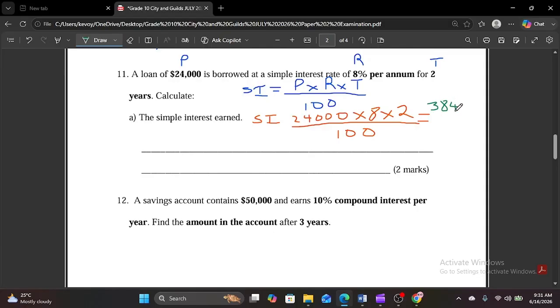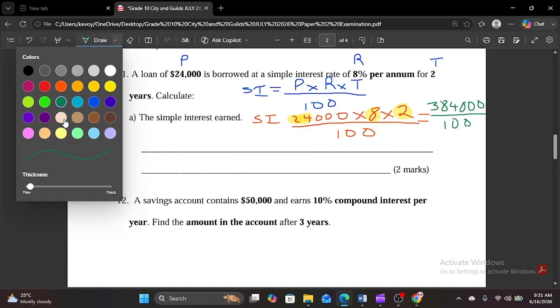If you realize, I just multiplied the digits, so the 8 times the 2 times the 24. After multiplying that, I get my 384, and I just add my zeros. So add my 3 zeros. So that's 1, 2, 3, all over 100.